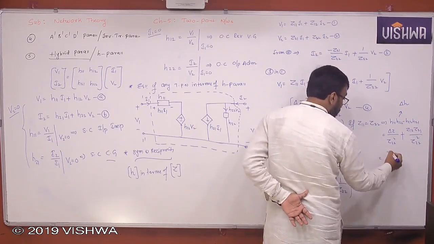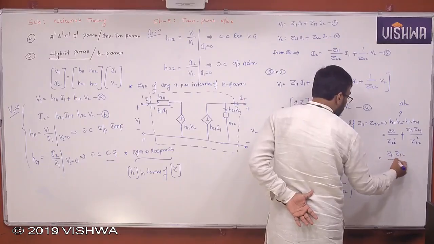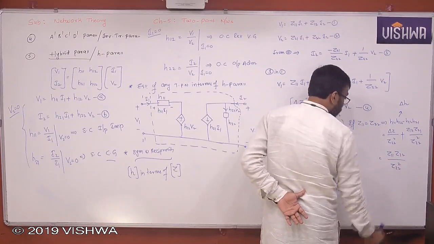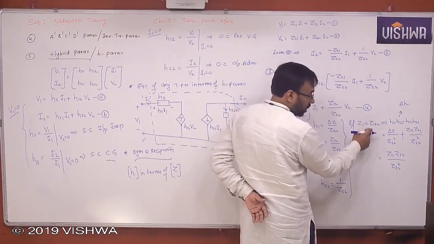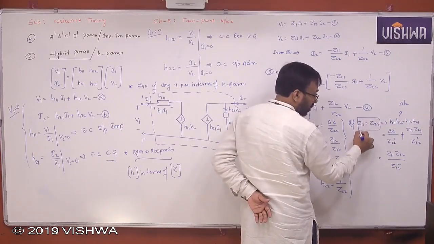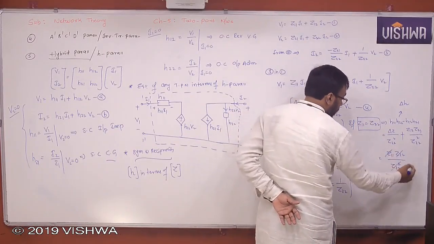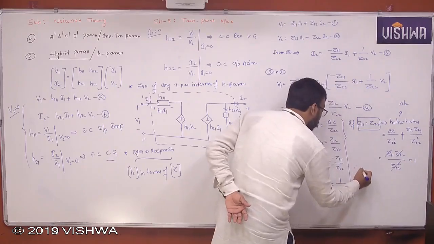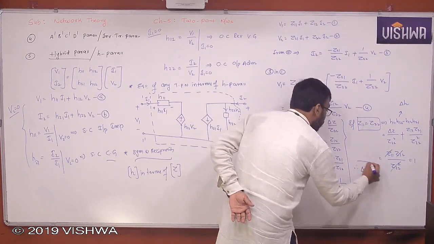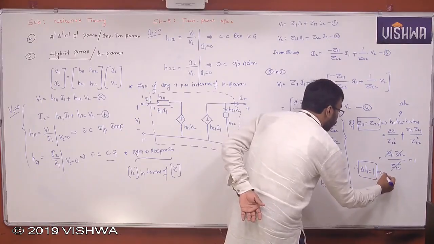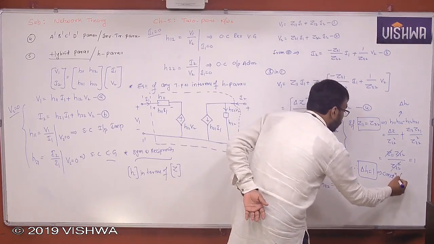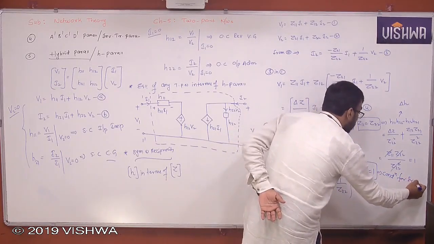So what will you get from this? Z11 Z22 by Z22 square. Already you mentioned Z11 is equal to Z22, so therefore it will get cancelled. Finally you got 1. Therefore del H is equal to 1. This is called the condition for symmetry. Agree, all of you?